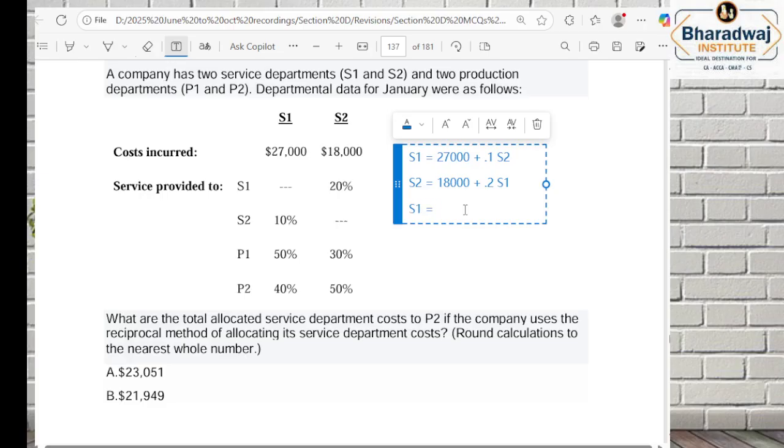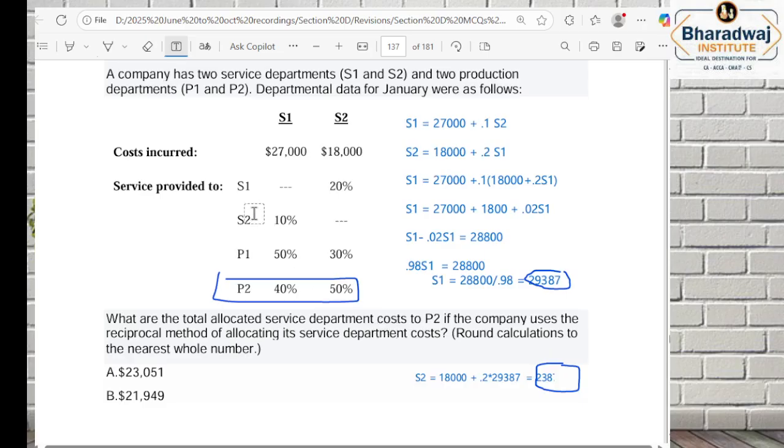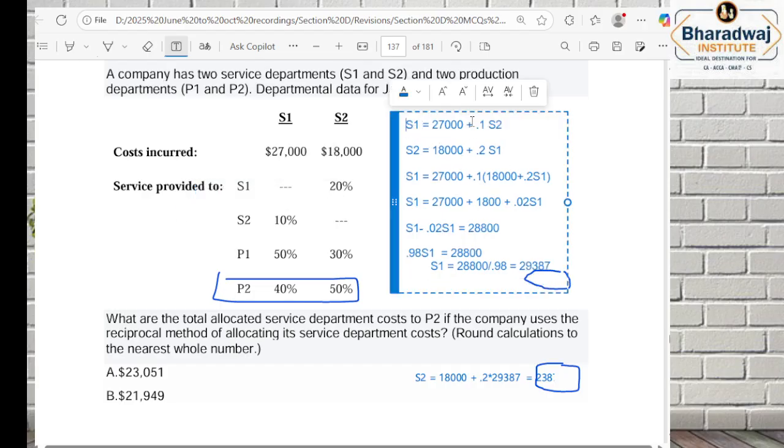We formed the formula the wrong way, it's actually the other way. This is 0.2 and this is 0.1. So 0.2 into 18,000, how much do you get? 3,600. Then 0.2 into 0.1, the correct term is 0.02 S1.